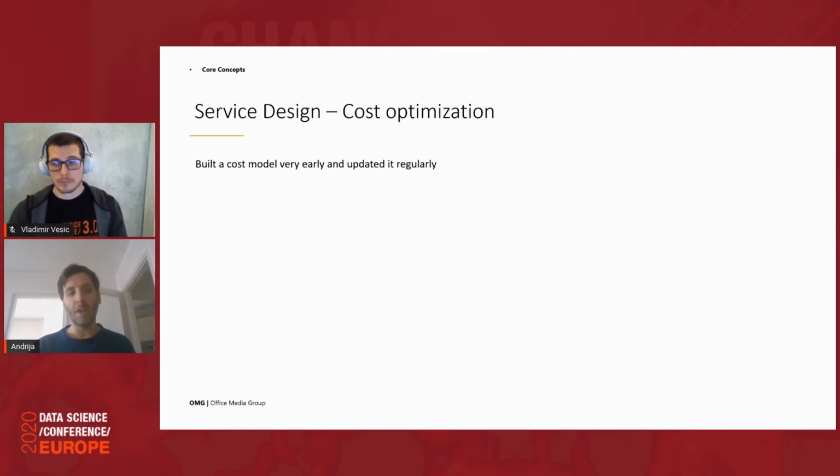And when we decided on something, we would update the model and iterate again. This approach is really valuable because it allows you to avoid going into dead ends and spending a lot of time building something that's just going to be too expensive. I'm just going to mention a couple of concrete things that we did, so this is not completely abstract.